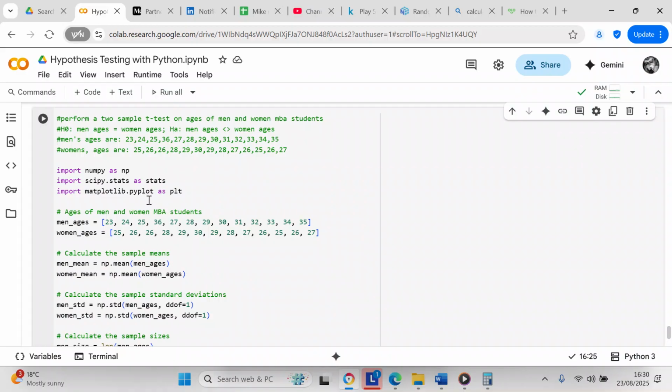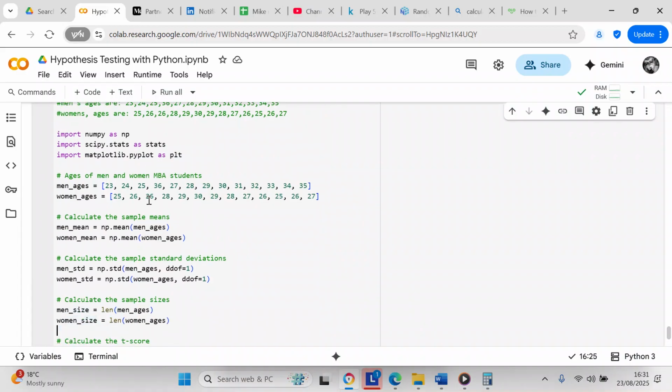We calculate the standard deviations: men's std equals np.std of men's ages, comma, ddof equals 1, where ddof is degrees of freedom. And women's std equals np.std of women's ages, comma, ddof equals 1.